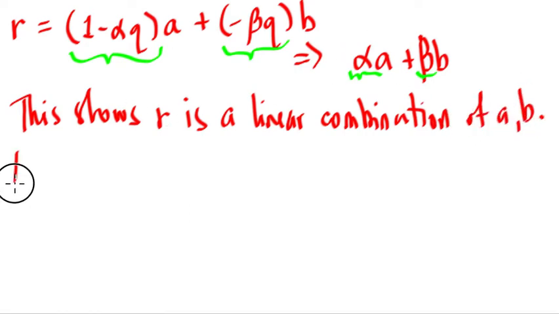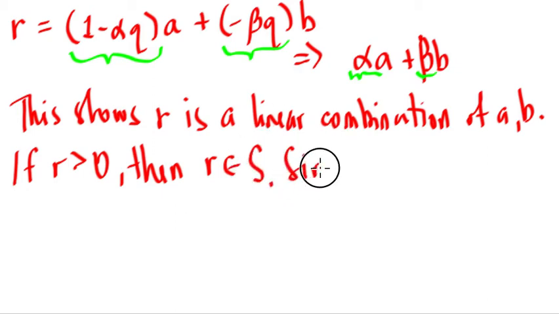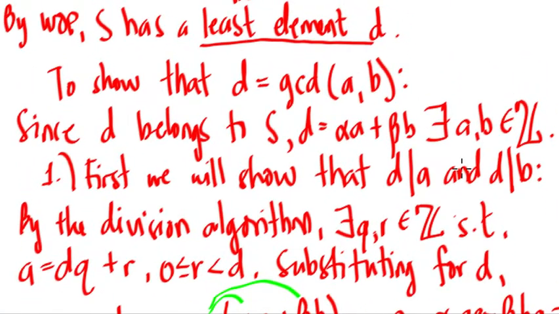Therefore, if R is greater than 0, then R is part of S. But since R is strictly less than D, that is R is less than the smallest element in S, because from way above D is the least element.